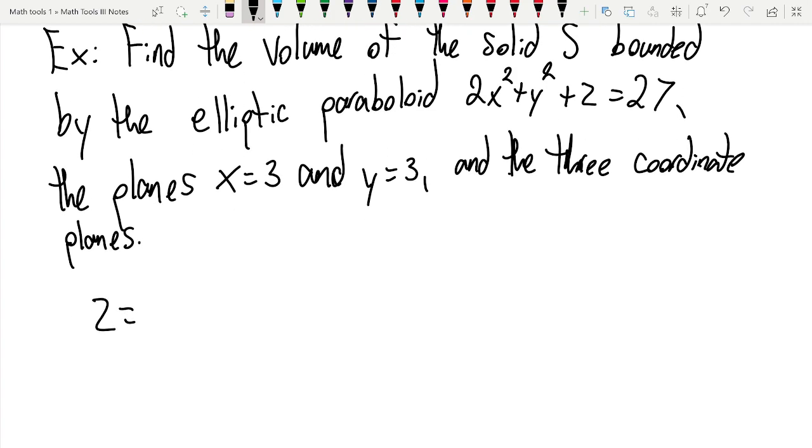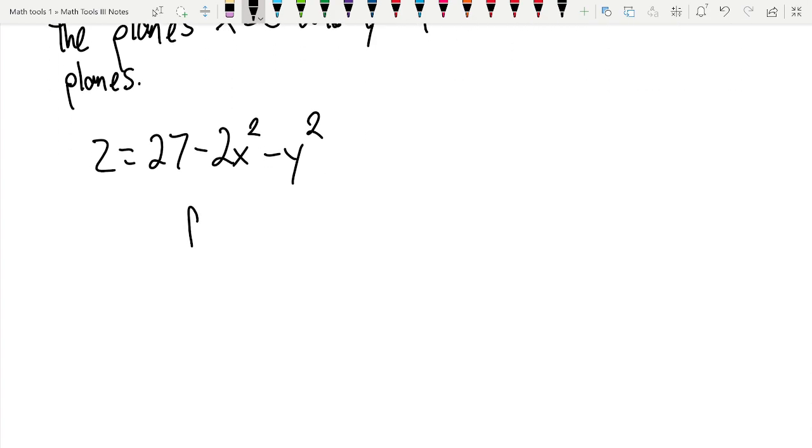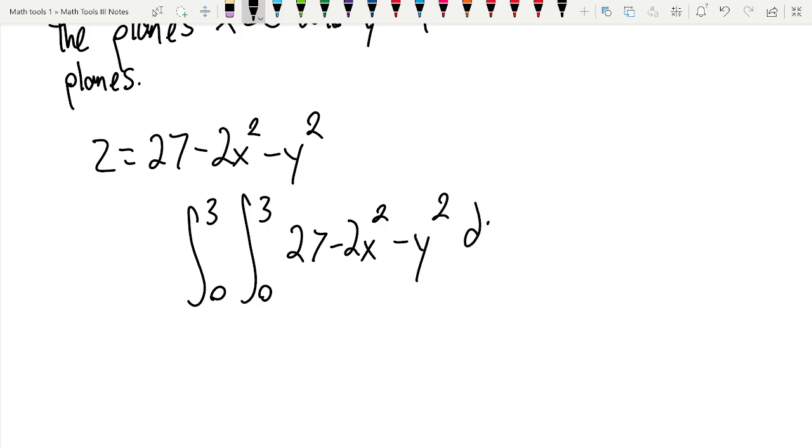So there's really not much more to do. We just need to solve for z first of all. So 27 minus 2x squared minus y squared. Okay. So the integral here is just from 0 to 3 of both of these. And it doesn't matter which one we do first. Okay, so let's do x first, I guess.